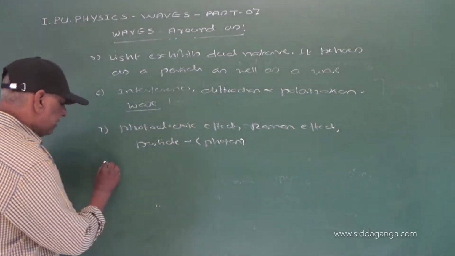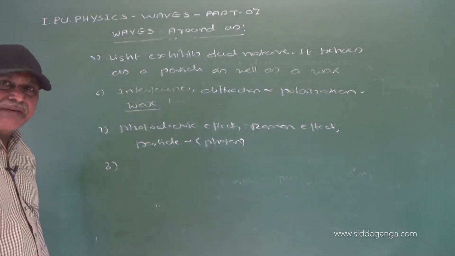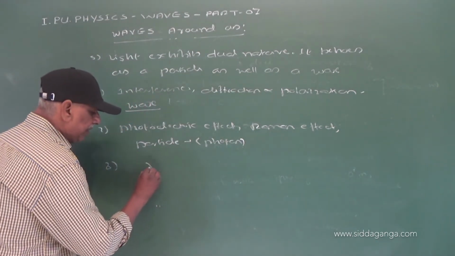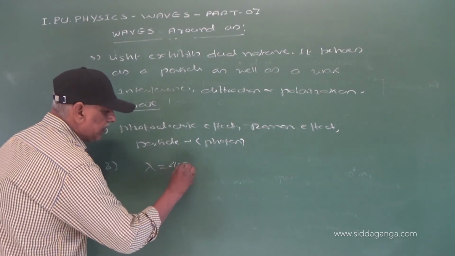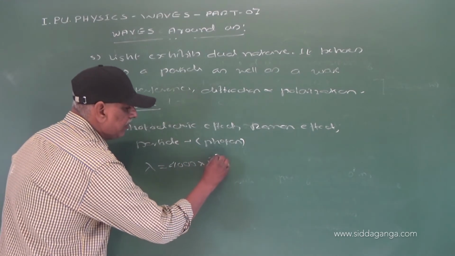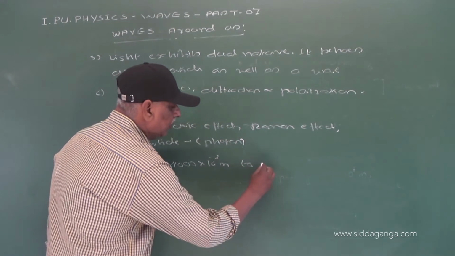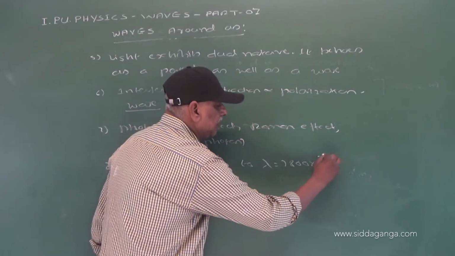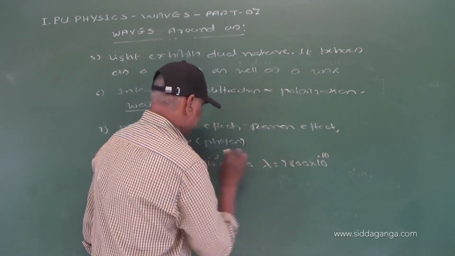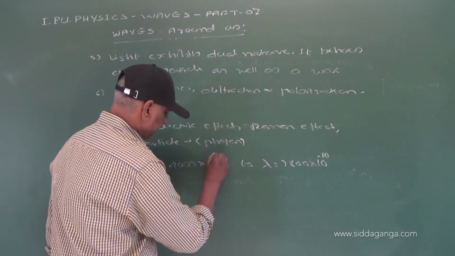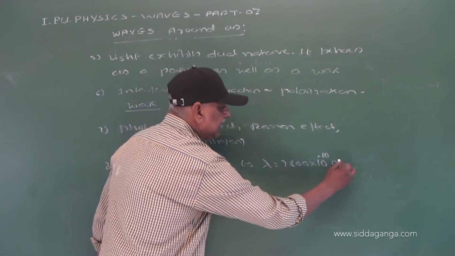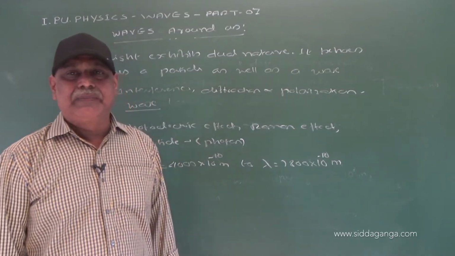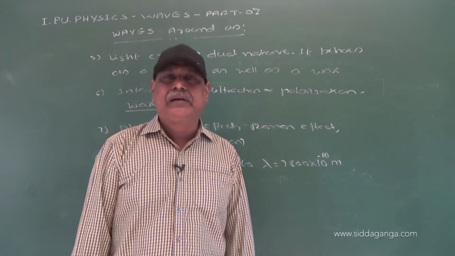Light waves, what we call visible light, have a wavelength range from 4000 × 10^-10 meter to approximately 7800 × 10^-10 meter. That range is called visible light.